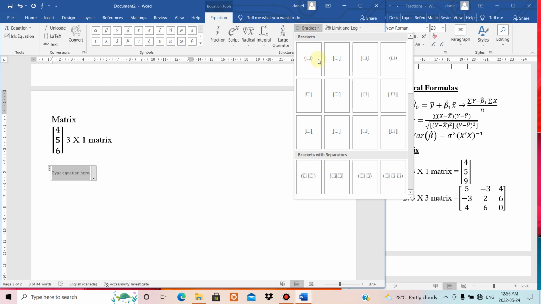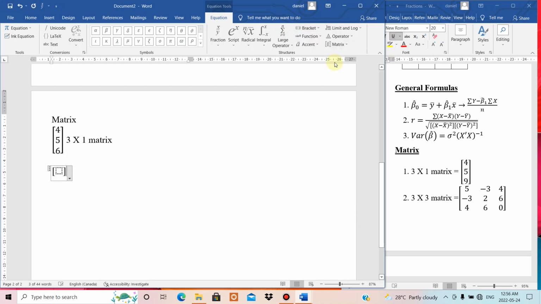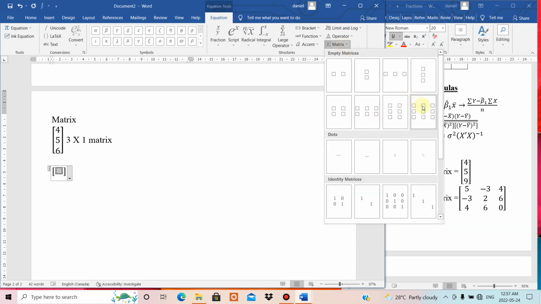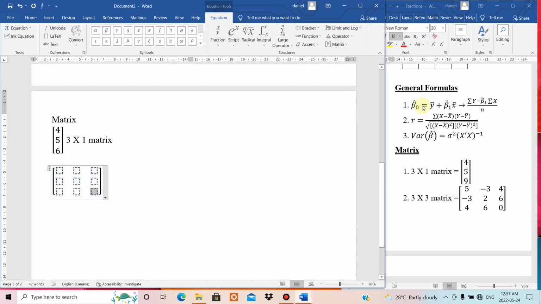So quickly we pick this bracket, and within that we introduce our 3 by 3 matrix.